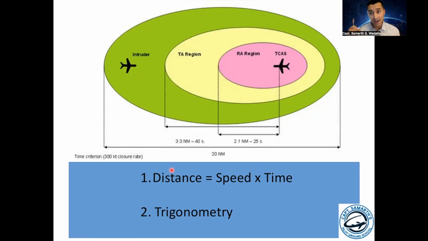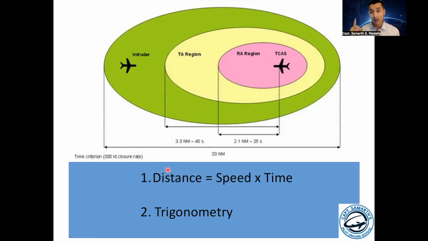So if there are 10 aircraft proximate to your aircraft, there are 10 TA and 10 RA bubbles around your aircraft that your TCAS is constantly monitoring, which is why I said TCAS is amazing at number one, distance equals speed into time. It is able to very, very quickly compute distance equals speed into time for multiple targets around you, thereby placing multiple traffic advisory and resolution advisory bubbles around your aircraft.